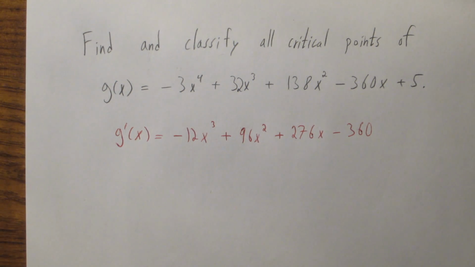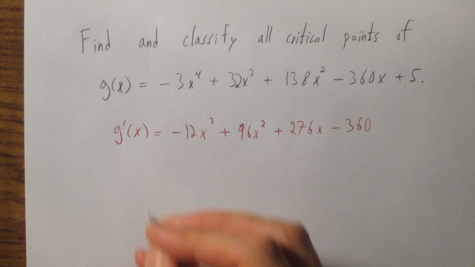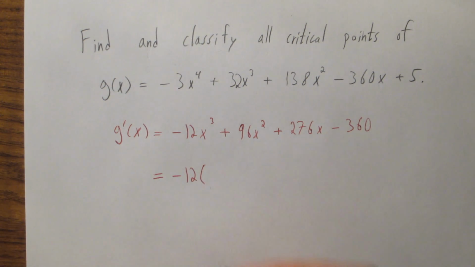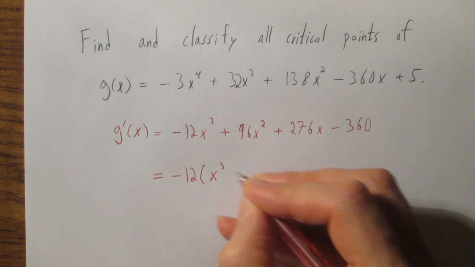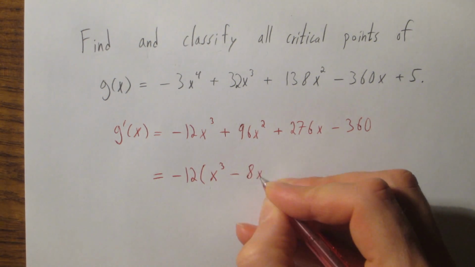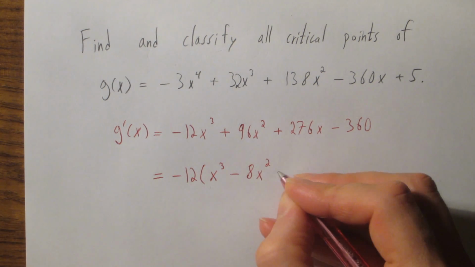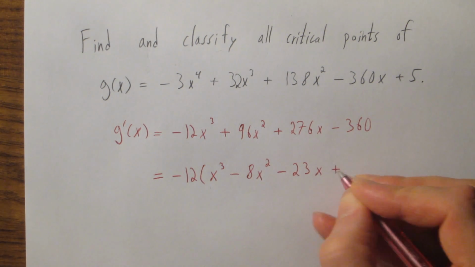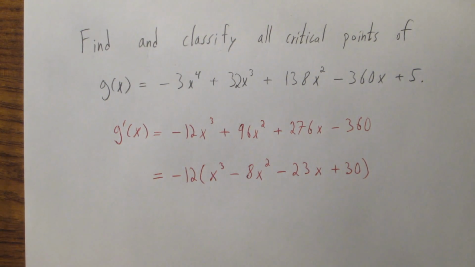So we can break out minus 12, so that's what we get if we factor out a minus 12.